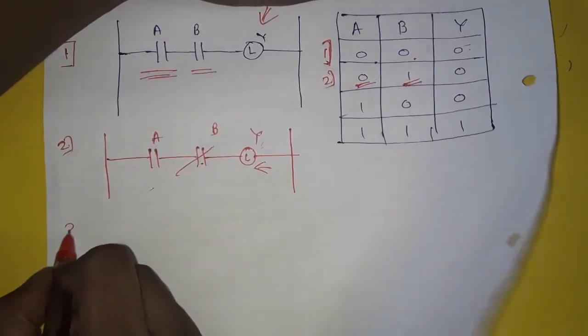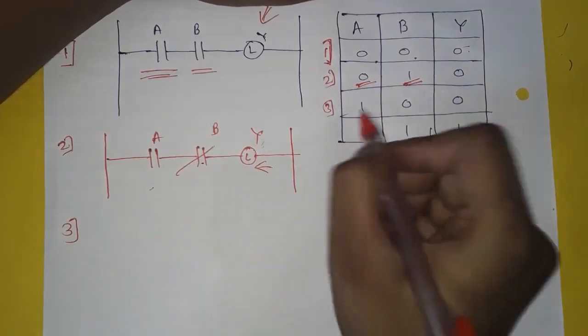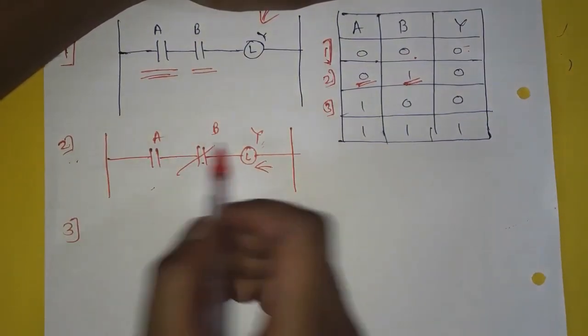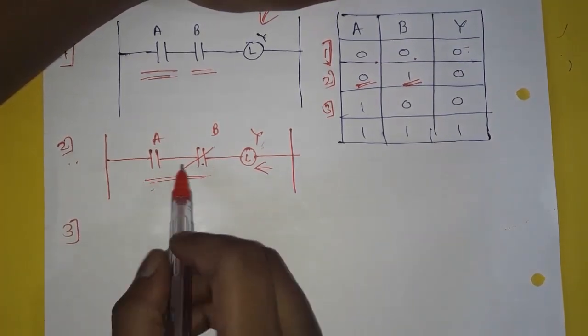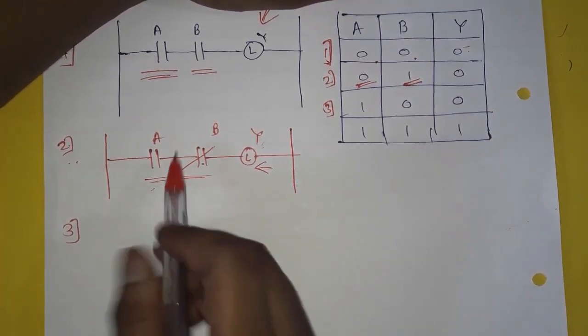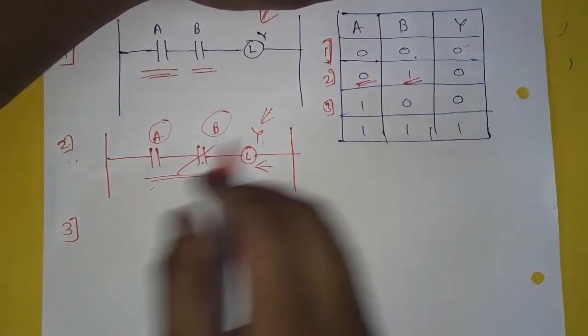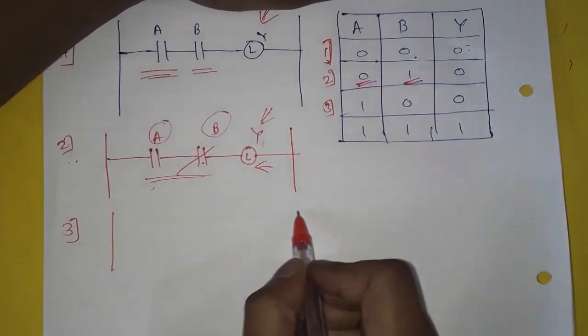In the third case, both are in series, so we need to energize both the switches at a time to get the Y energized.